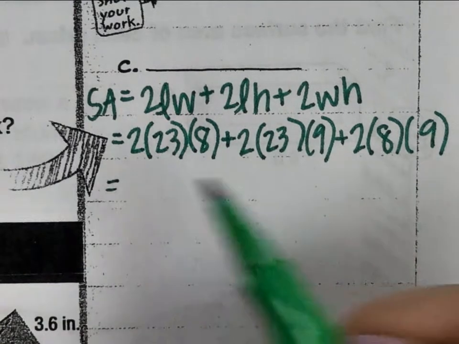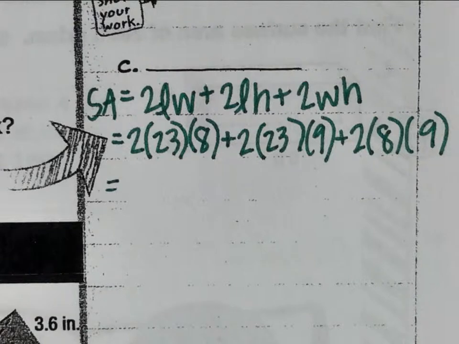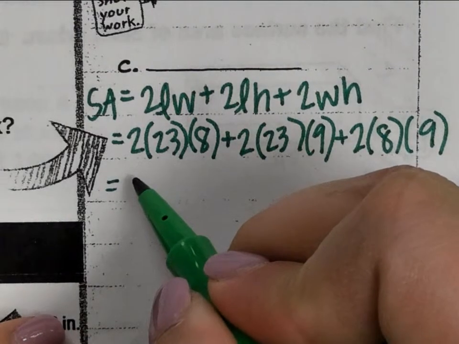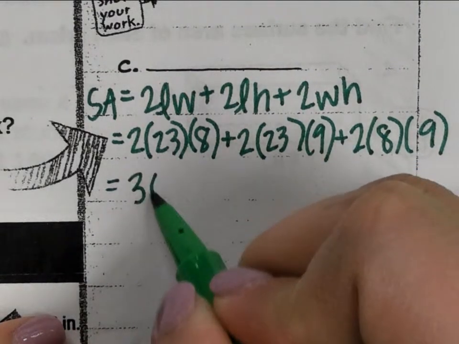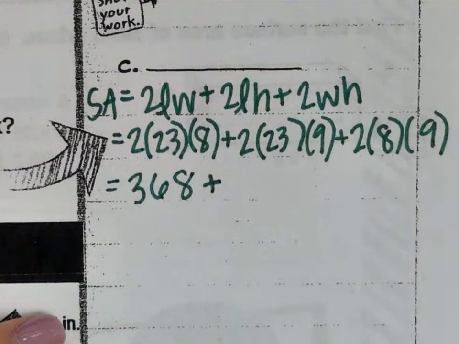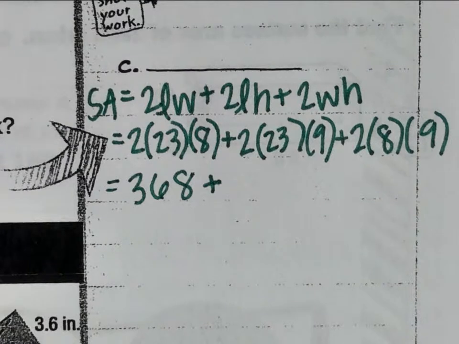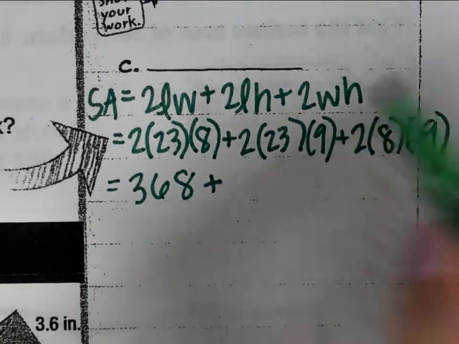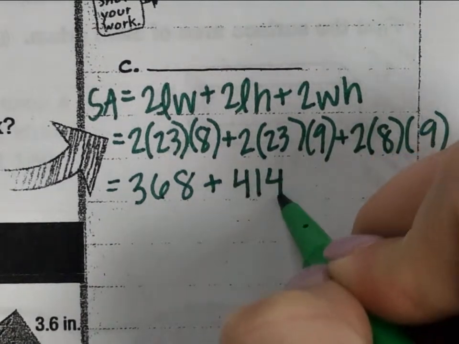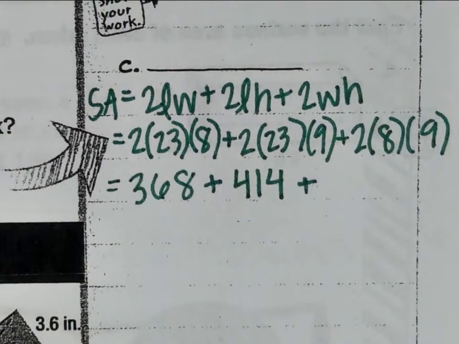All right, what's 2 times 23 times 8? 368, we all agree? 2 times 23 times 9? 414. And 2 times 8 times 9? 144.